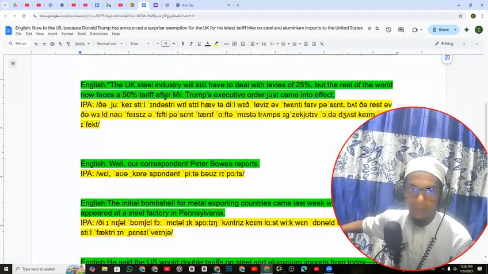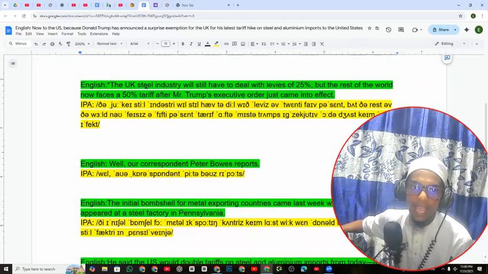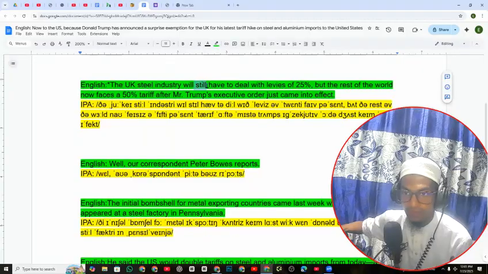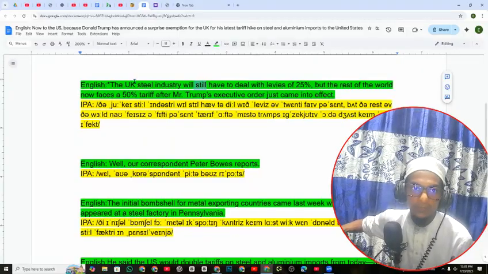And the second sentence: the UK steel industry will still have to deal. The UK steel, there is a long E sound. Still, and it is a short E sound, still. So the difference between "steel" and "still" is the long vowel sound and the short vowel sound.